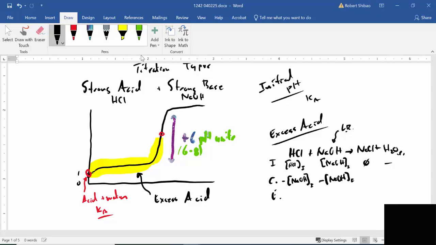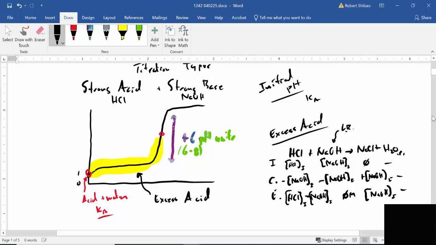So at the end of this, I'm going to have the HCl initial minus the sodium hydroxide initial, and this is going to be the equilibrium concentration of the HCl. For the sodium hydroxide, I'm going to have nothing left over. And for the sodium chloride, I'm going to have plus the sodium hydroxide initial, so the concentration of sodium chloride will be equal to the concentration of sodium hydroxide initial. And water is a pure liquid. We do this to keep track of the molarities. Okay, and this is step 1.